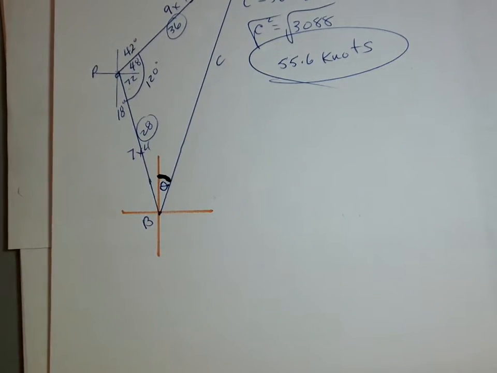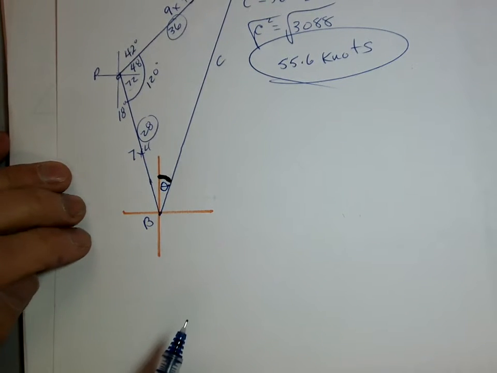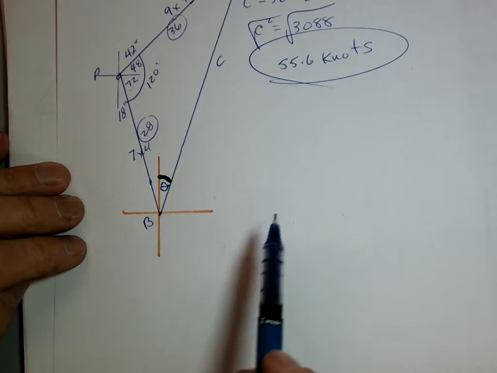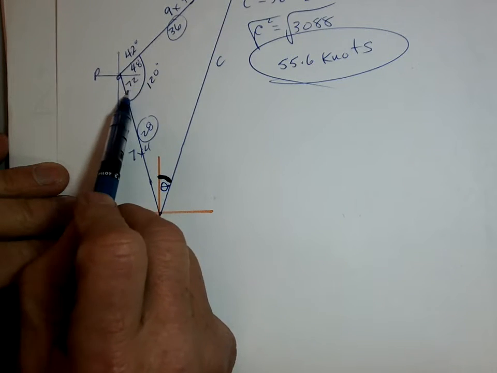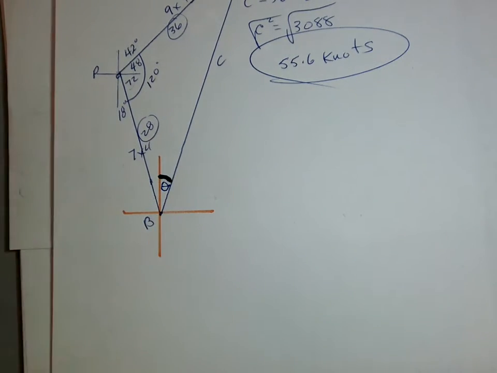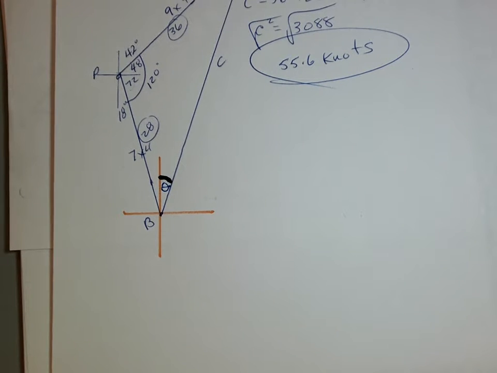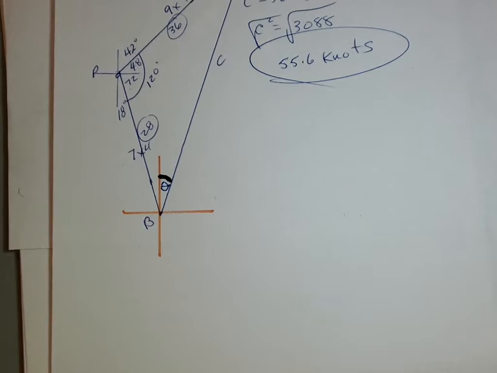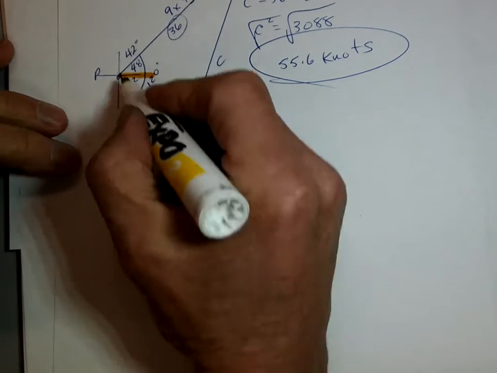To do that, there's a few things I know. Okay, I got to go back to geometry, and to go back to geometry, I know this. 72 degrees. See the 72 degrees? I don't know if you remember alternate interior angles from geometry, but let me go ahead and draw a picture for you so you see it, okay? All right. I don't know if you remember this from geometry or not.